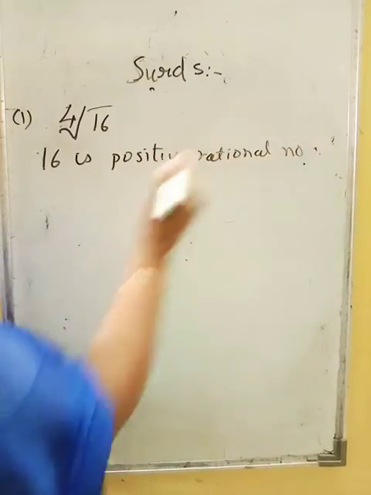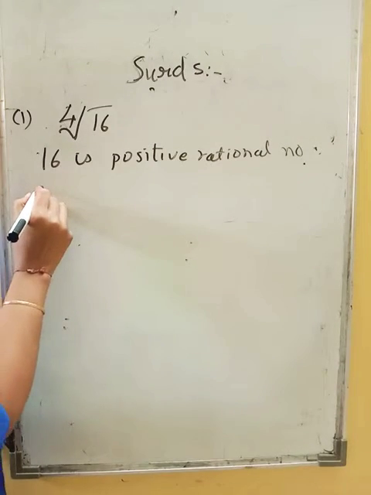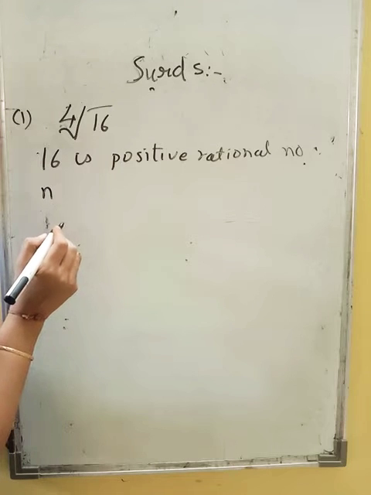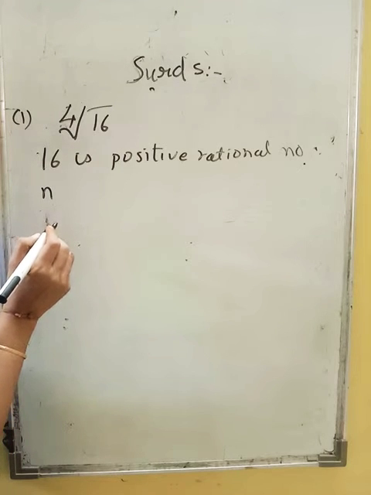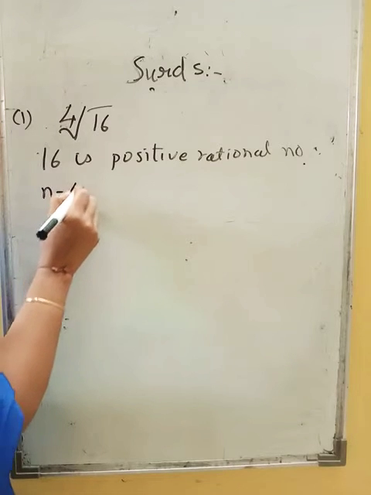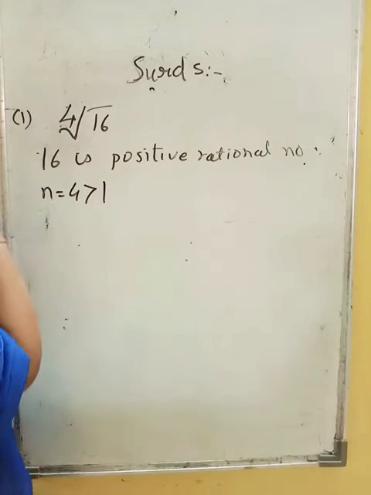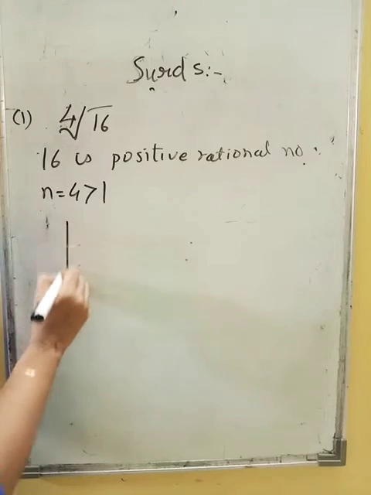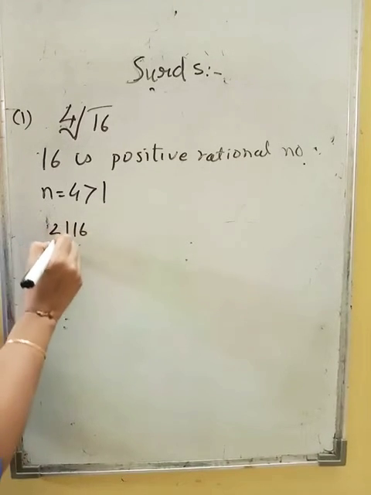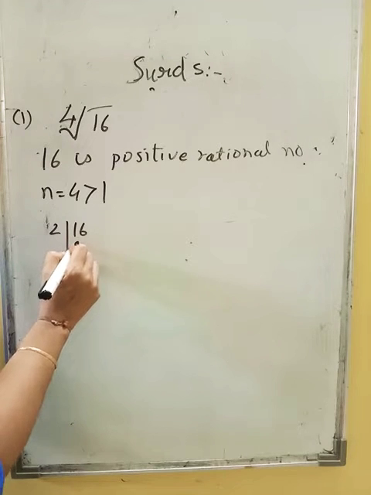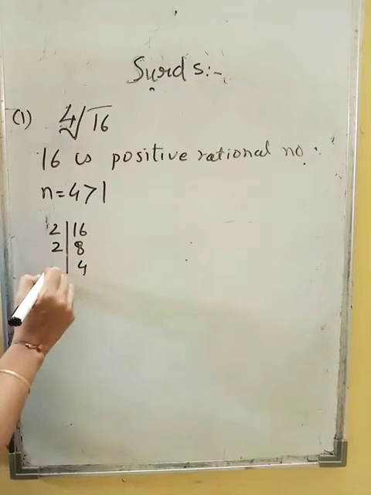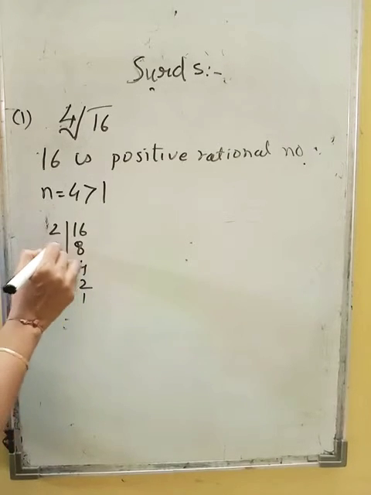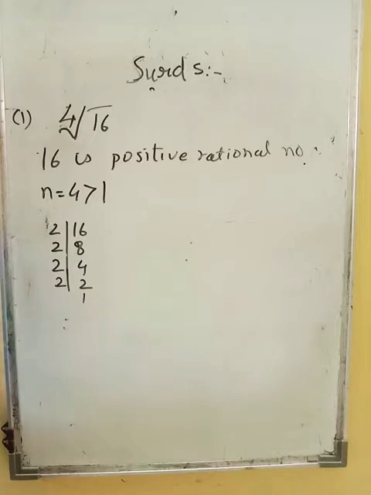So that condition is satisfied. n equal to 4 is greater than 1. So that is also satisfied. Now we find out the factors of 16 children. 16 divided by 2 is 8, divided by 2 is 4, 2 twos are 4, 2 fours are 8, 2 eights are 16. It is 2 raised to 4.